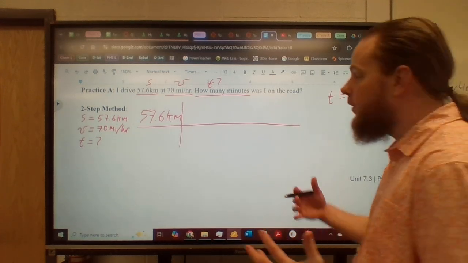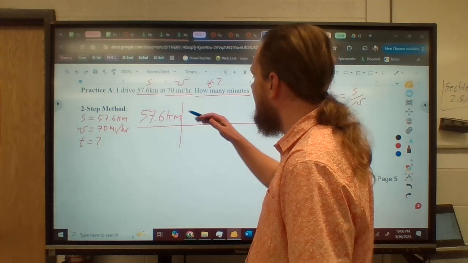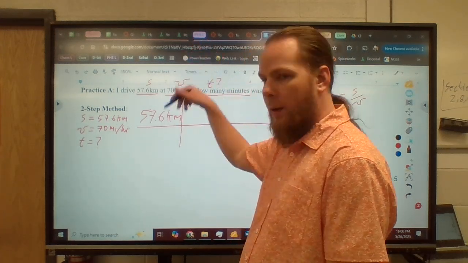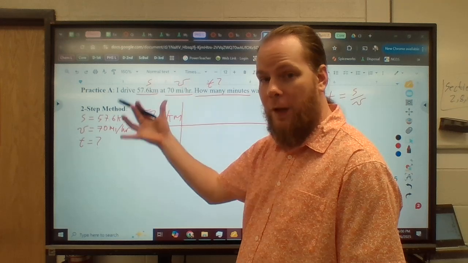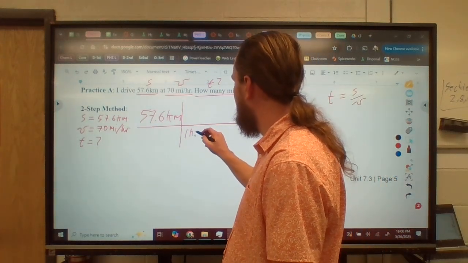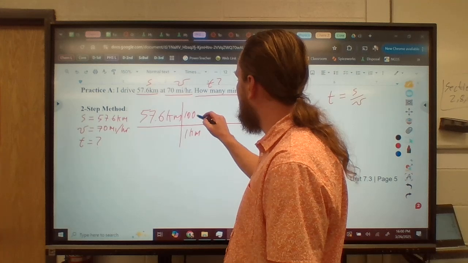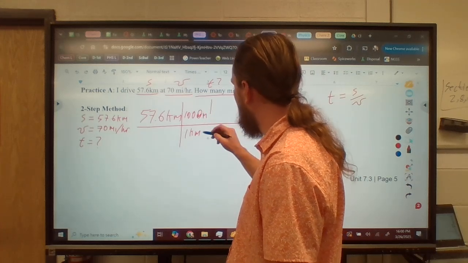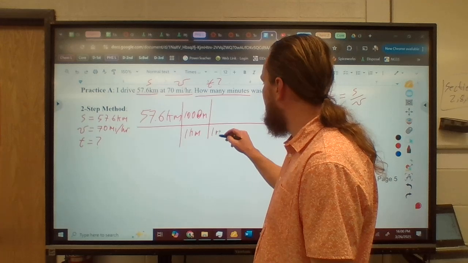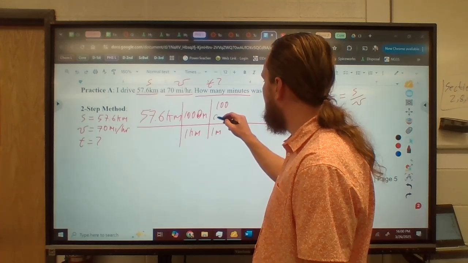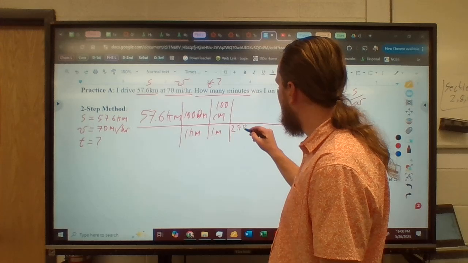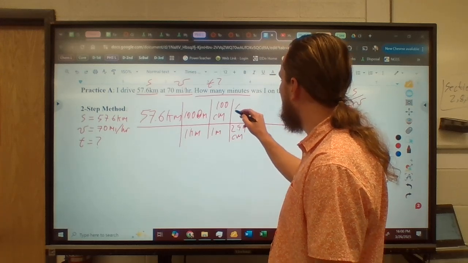Okay, so we're going to go through the same process. Sorry, I had to check something. Now, so we're going to go from kilometers to miles. So first step is to go to meters. So that's 1 kilometer per 1,000, not 100, meters. Then from meters to centimeters, so that's 1 meter is 100 centimeters. Centimeters to inches is going to be 2.54 centimeters to 1 inch.